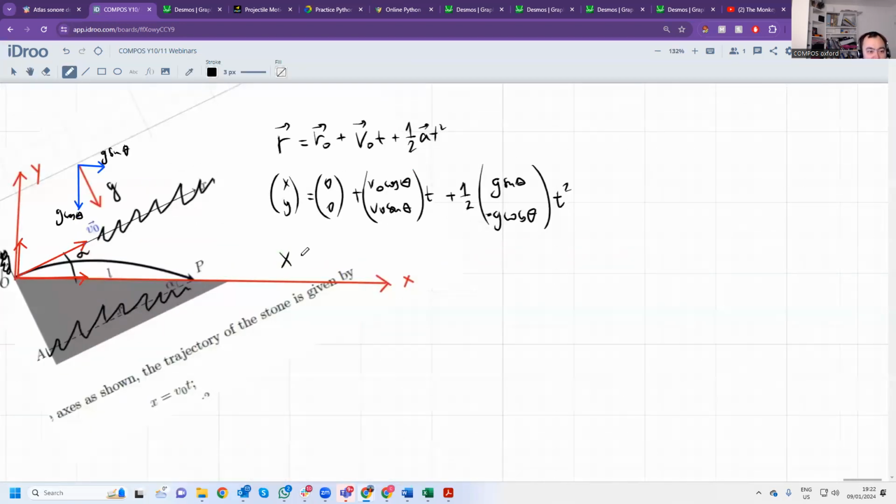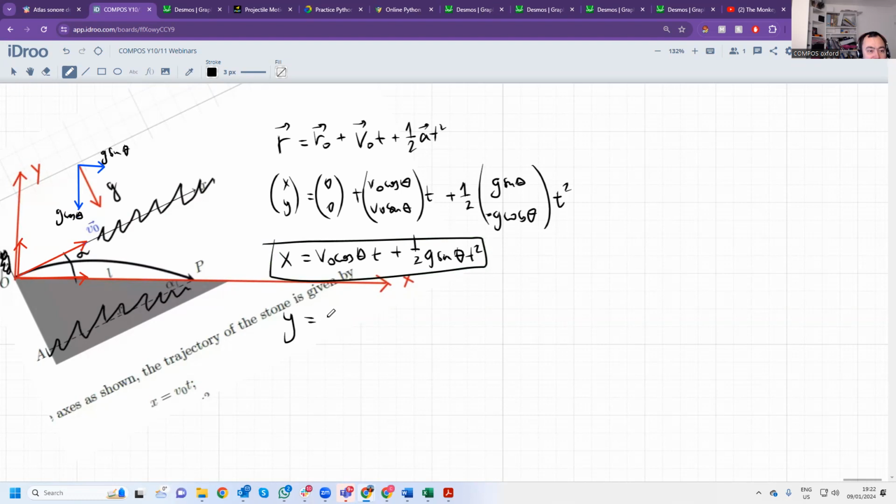You got x is equal to v0 cos theta t plus 1/2 g sine theta t squared. This is the x coordinate, and the y coordinate is v0 sine theta t minus 1/2 g cos theta t squared.